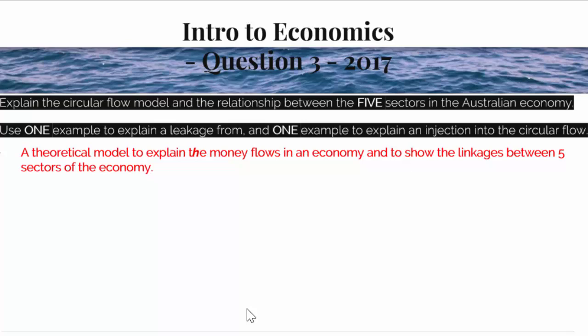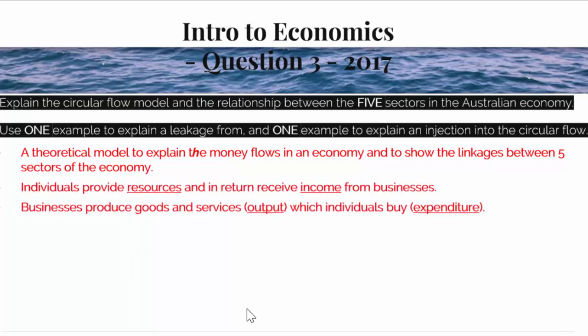And I'm going to show you the 5-sector economy, which shows all the leakages and injections. Individuals provide resources, in return they receive income, and businesses provide goods and services, which is classified as output, and individuals buy those goods and services, which is classified as the expenditure flow.